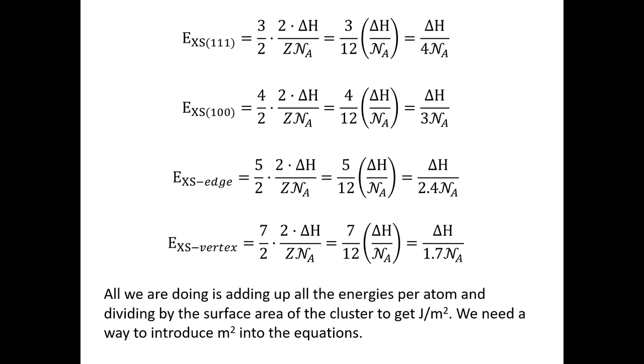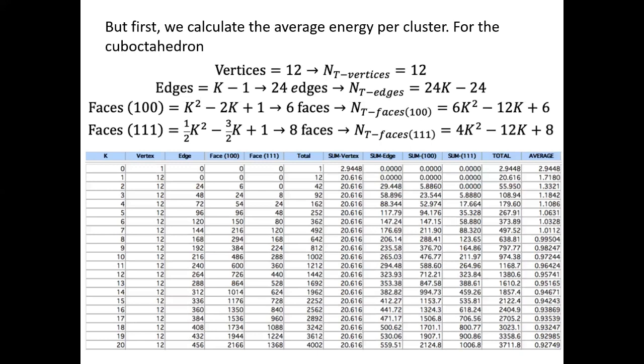It's divided by 3 times Avogadro's number. Remember, delta H is in kilojoules per mole, so Avogadro's number will cancel out the mole, basically. And then for the 7, it's 1.7. So you can see as you're dividing by a smaller number each time, the surface energy is going to be larger, right? All right, so that's that.